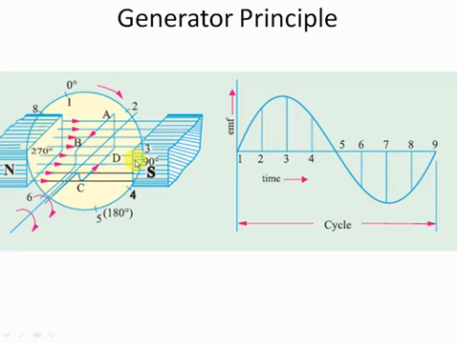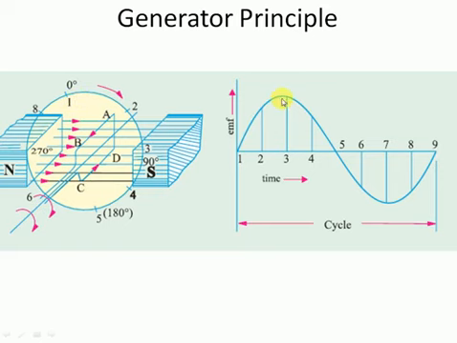Hence, position 3 corresponds to the maximum EMF induced point, which is indicated as this point 3 in this characteristics. So, when moving from position 1 to position 3, the EMF induced will be changing from 0 to maximum value.